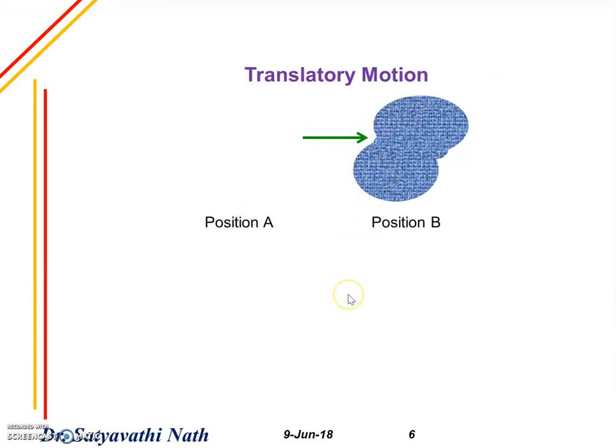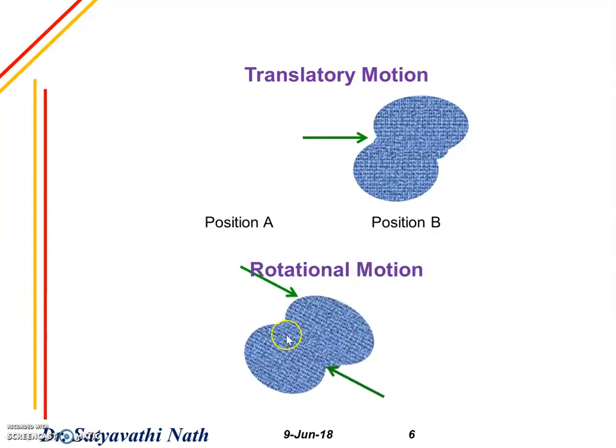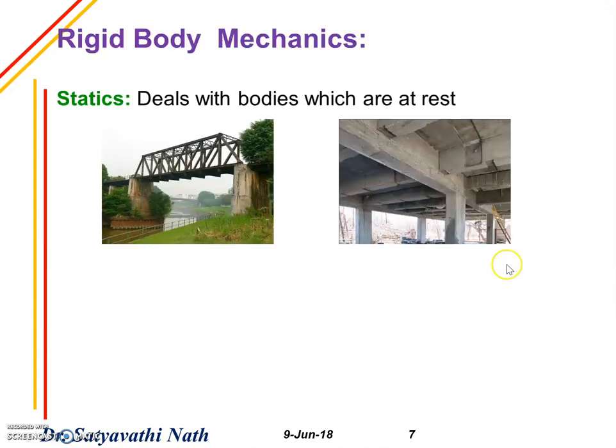This is translatory motion. Now, what is rotational motion? Under the application of forces, if the body gets rotated like this, but there is no change in shape or size. The rigid body mechanics can be applied to static objects and dynamic objects also.